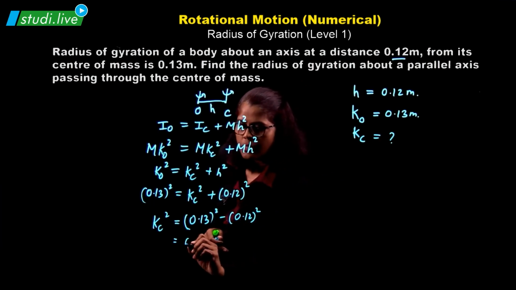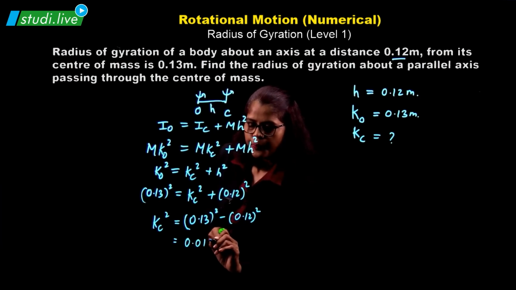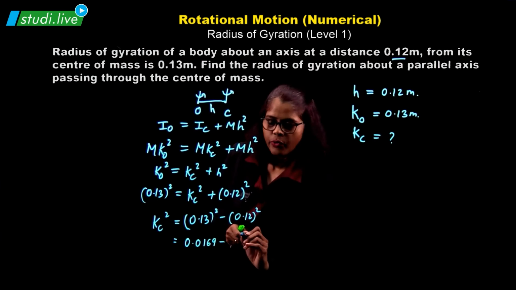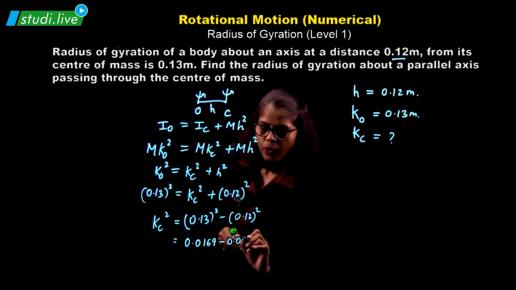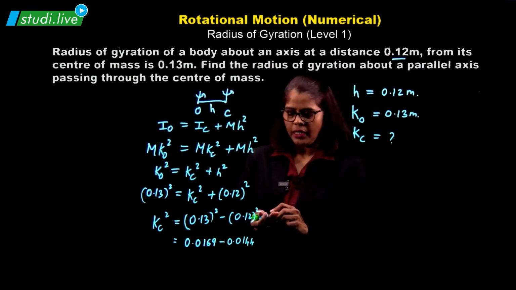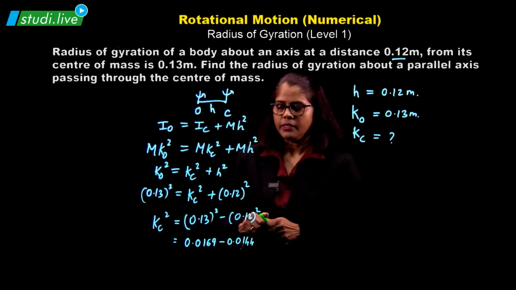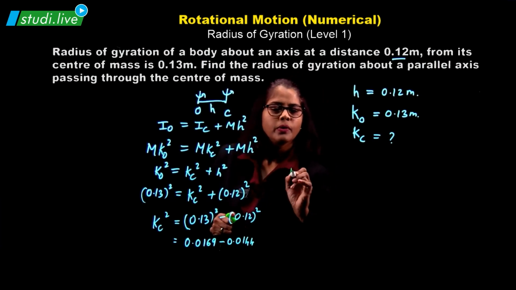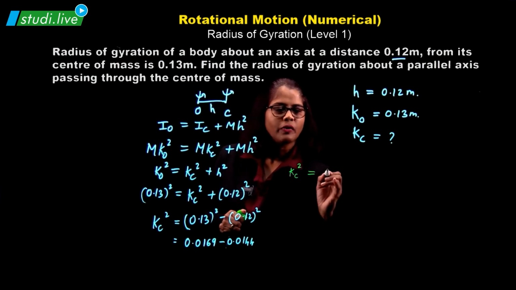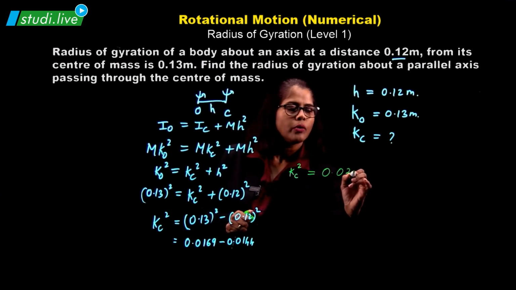So it is 0.0 13 square is 169, right? Minus 12 square is 144. So it is 0.0144. Just subtract the value. So finally we get the answer as KC square is equal to, you subtract, so you will get it as 0.025.